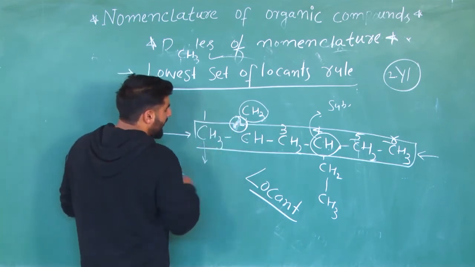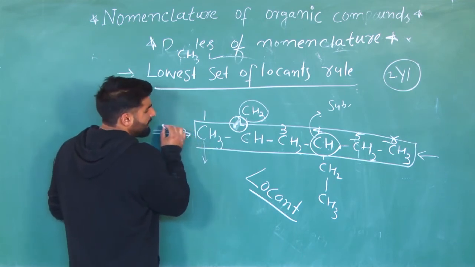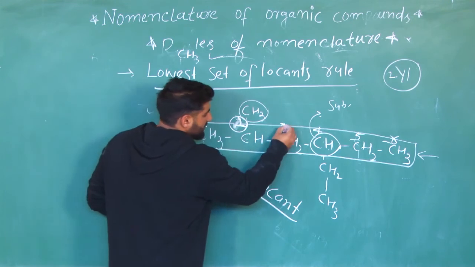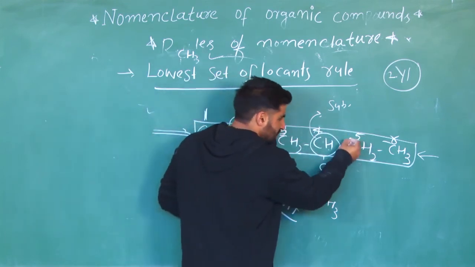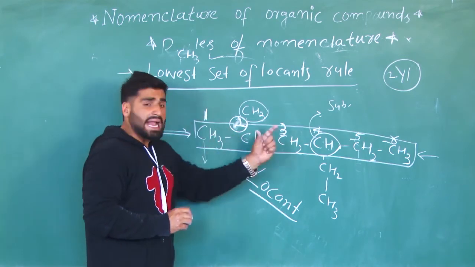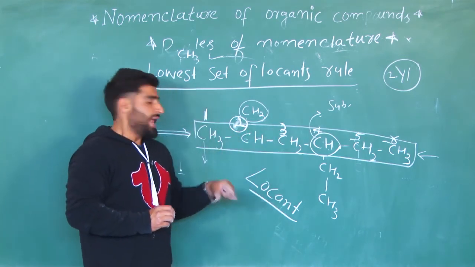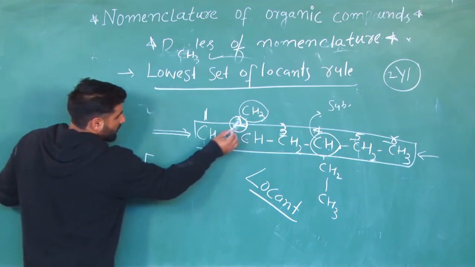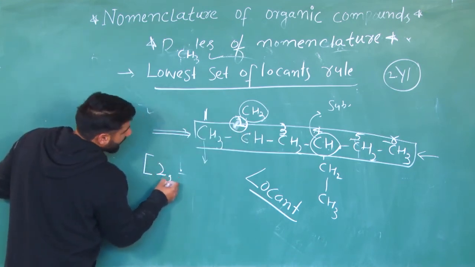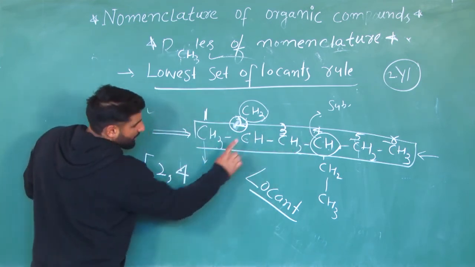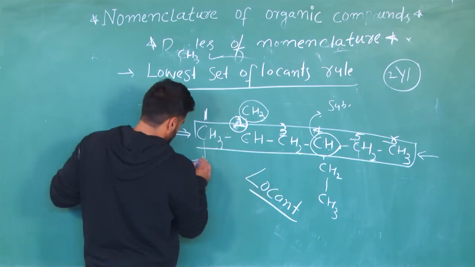I will number this chain from this side: 1, 2, 3, 4, 5 and 6. Now I will make a set of the locants in this direction. The set of locants will be 2 comma 4, only 2 and 4.